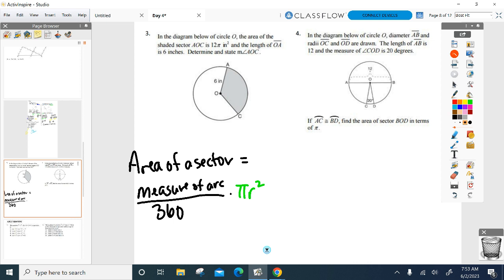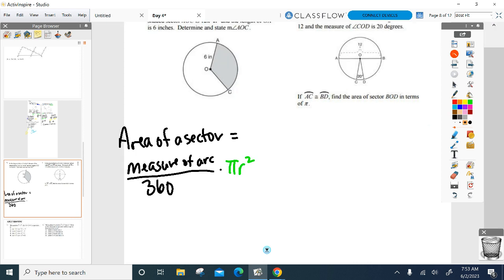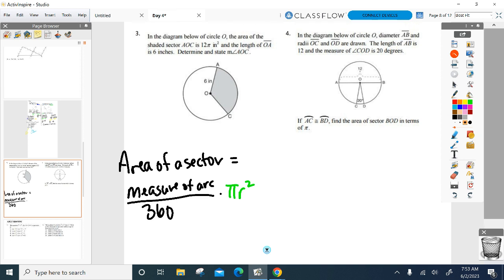All right, here we go. Number 3. Go ahead and read it through. Area of the sector is 12 pi. What's angle AOC? What's angle AOC going to be? We're telling you the area is 12 pi in here, so I'm going to plug that in for area. Everyone all right?